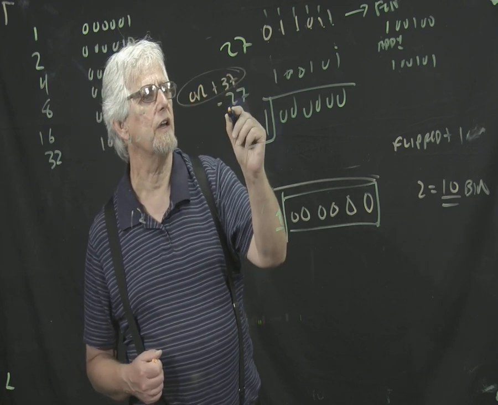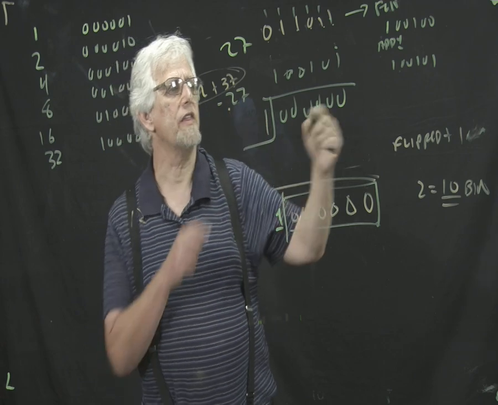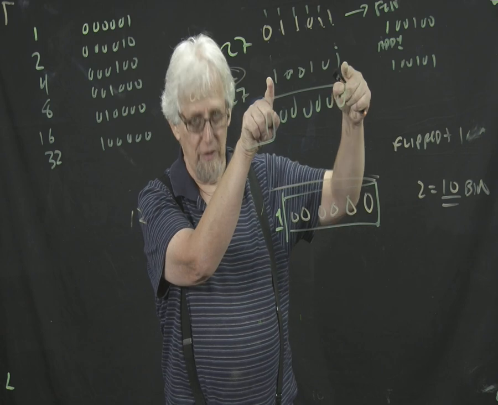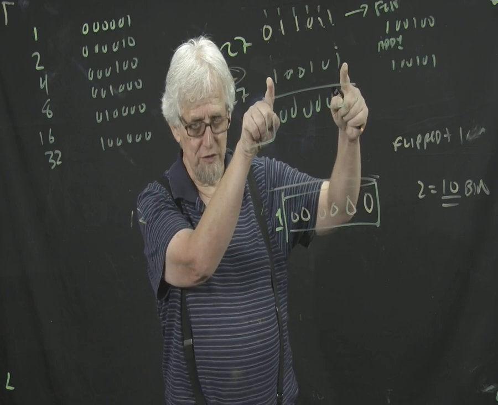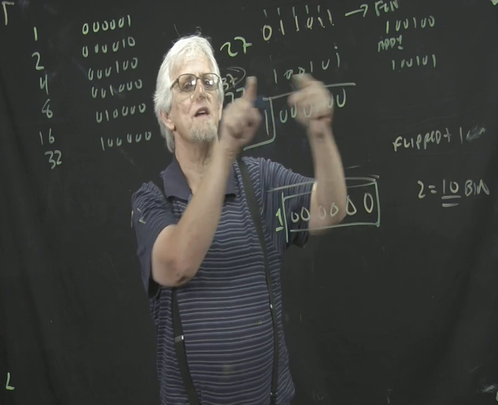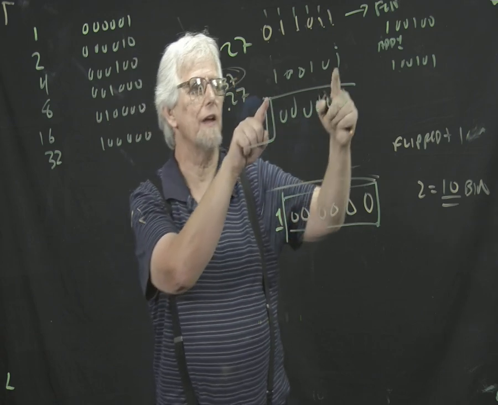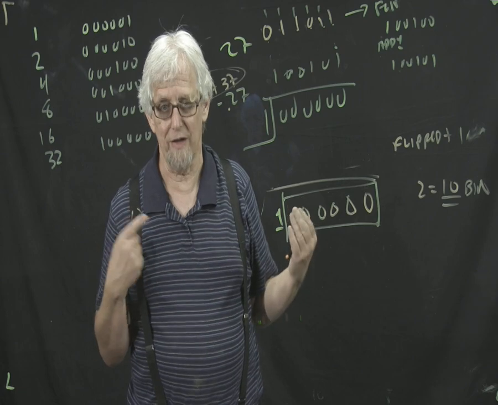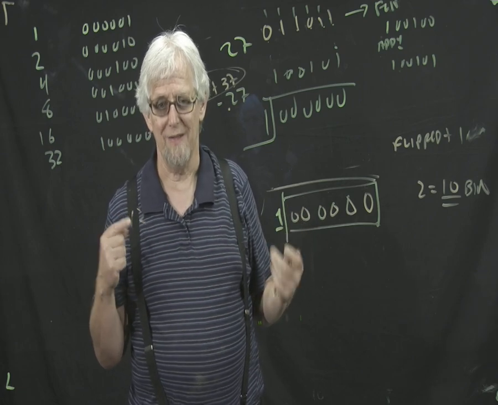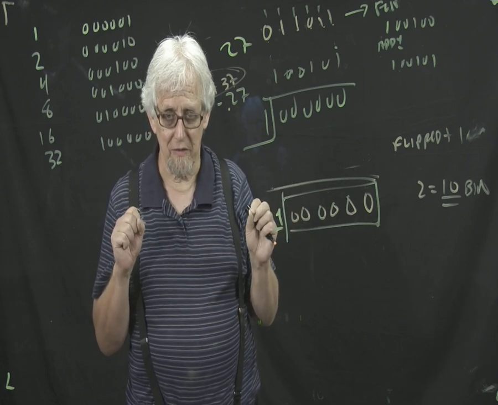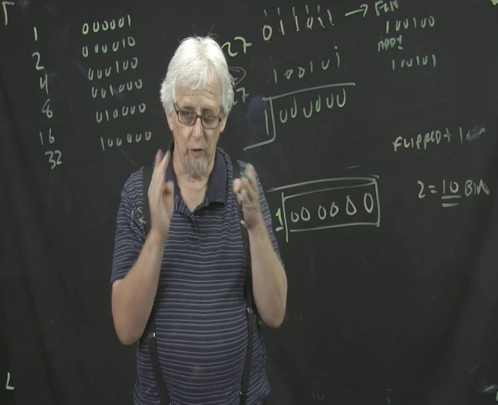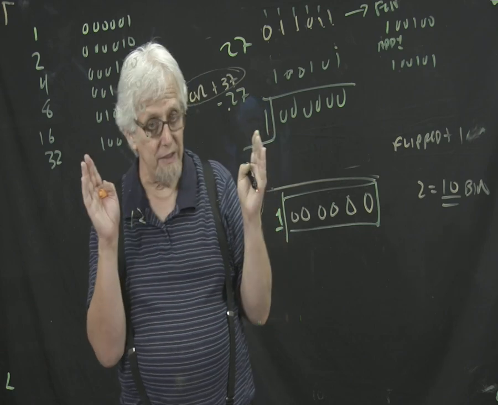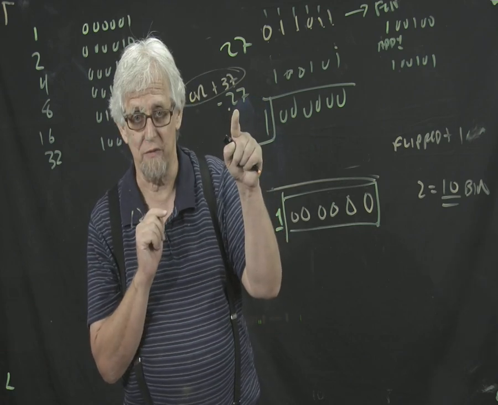It's a minus 27 if I think of these as 6-bit signed numbers. Or it's a plus 37 if I think of these as 6-bit numbers that don't have negatives, unsigned numbers. It's the same bit pattern. 6 bits, ones and zeros. If I wake up in the morning and say, I'm dealing with negative numbers, it's a minus 27.